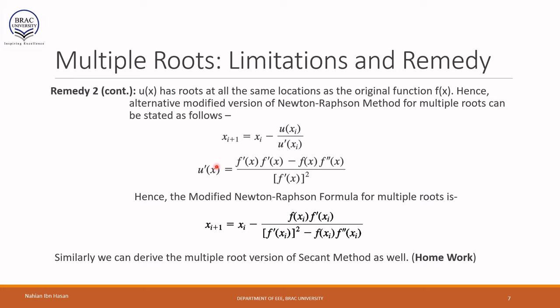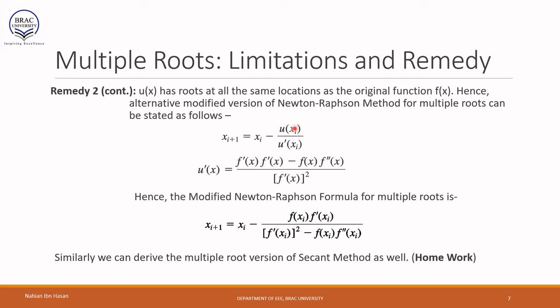So this u of x, if we replace the function value f of x by f prime of x using u of x, that is not going to harm our method. So if we substitute this, x_{i+1} equals x_i minus u of x_i divided by u prime of x_i. This u function is denoted as u of x_i equals f of x_i divided by f prime of x_i.